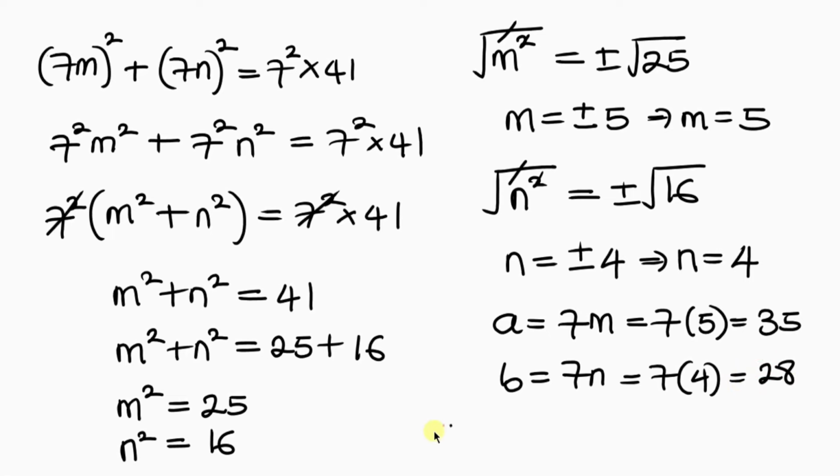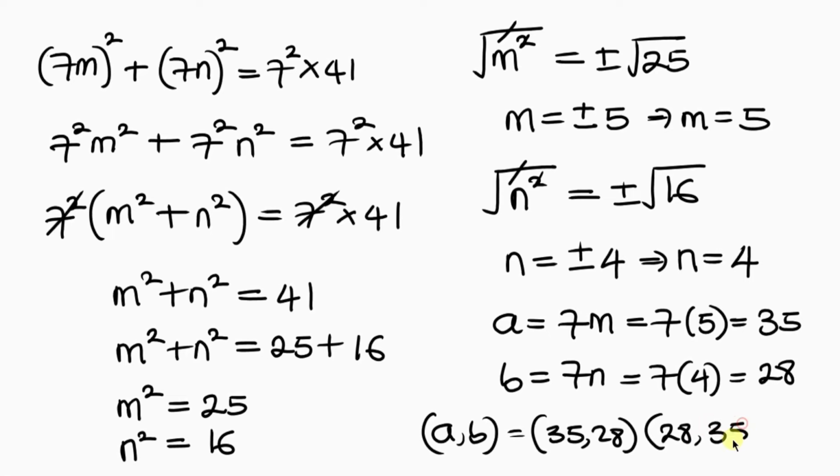Now we've got the values of a and b: we have 35 as a and we have 28 as b. But the original equation is symmetric, which means when we interchange the position of a and b, the original equation will not change. That means a can also be 28, while b is 35.